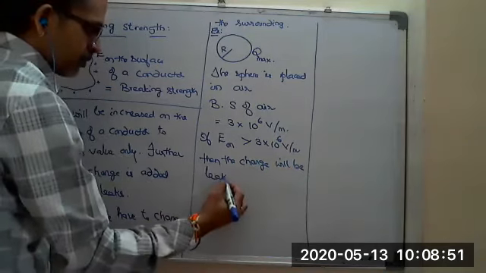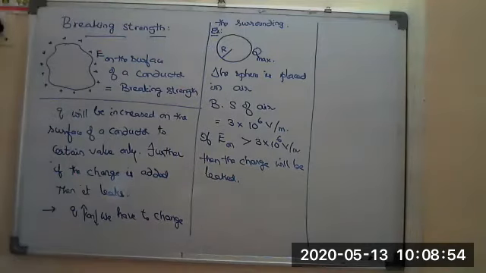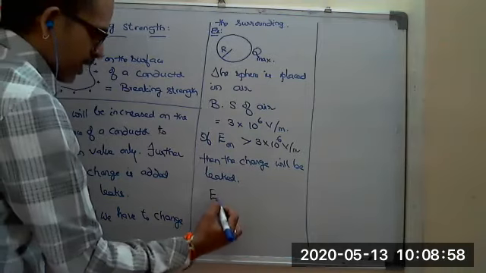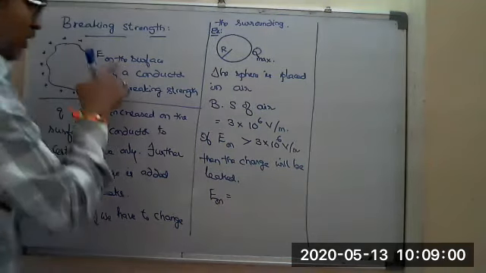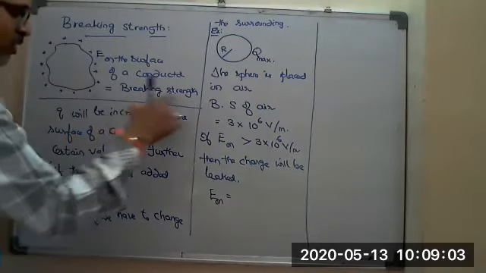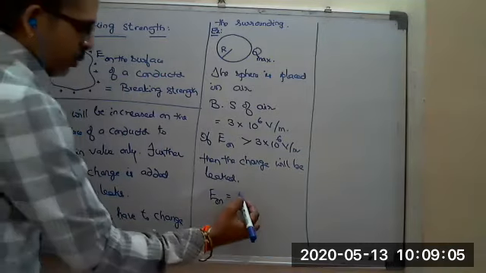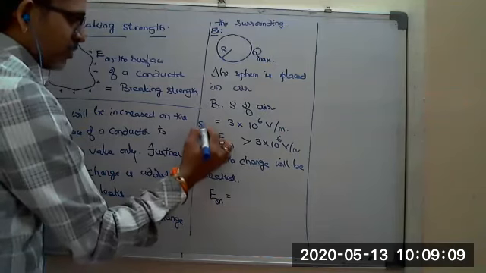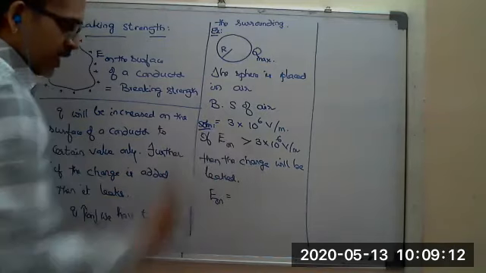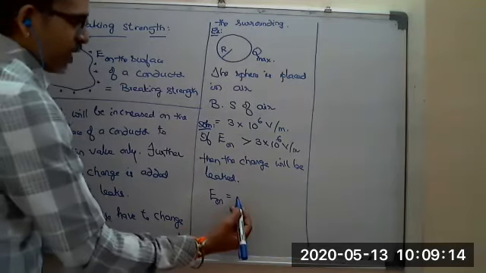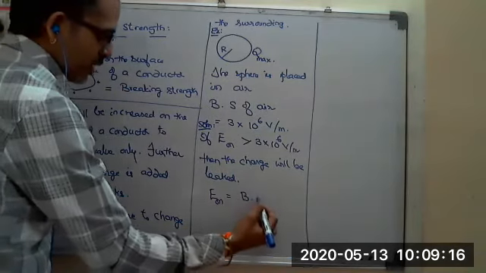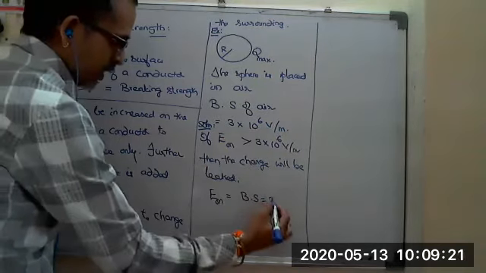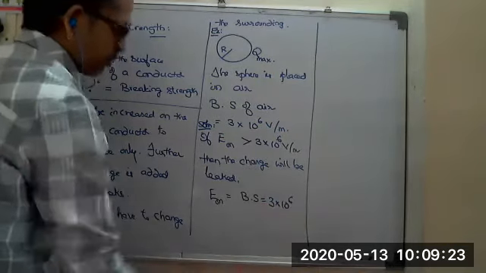So the maximum field intensity that you can give on the surface is equal to the breaking strength. In this problem, this is the solution I am writing here: E on the surface is equal to the breaking strength, which for air or vacuum is 3 into 10 power 6.